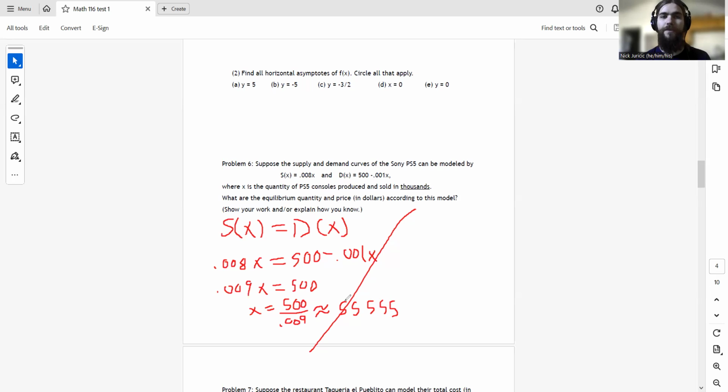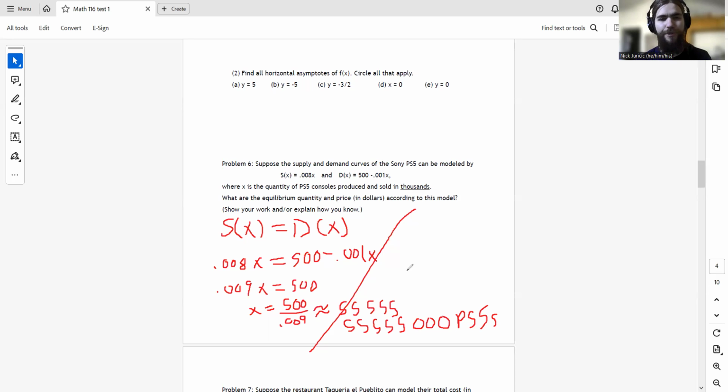So the meaning of this is that it's a number in thousands of PS5s. So it's like we're adding 3 zeros to this. 55 million-ish, 555,000 PS5s is the equilibrium quantity.